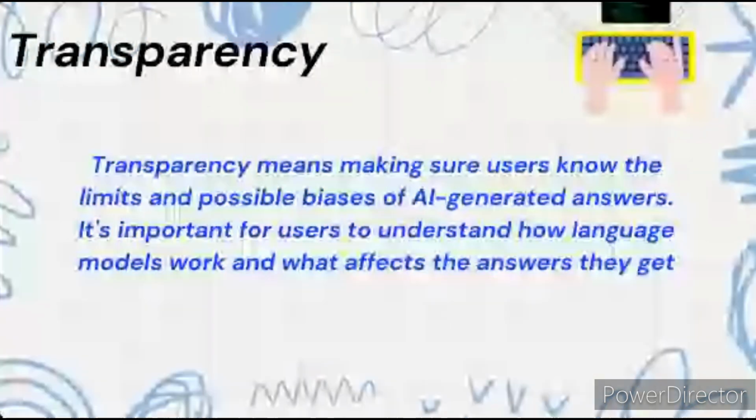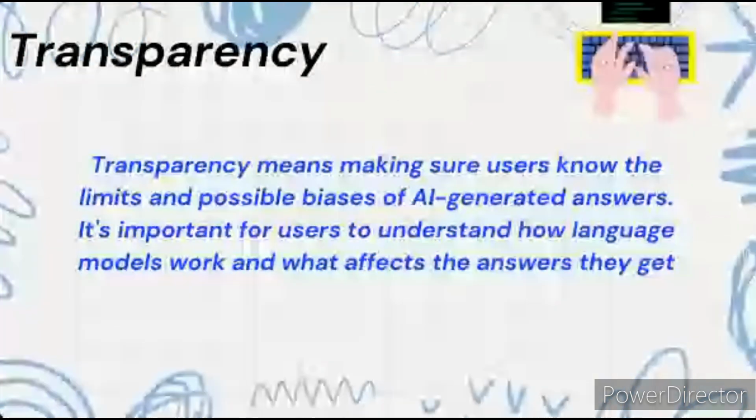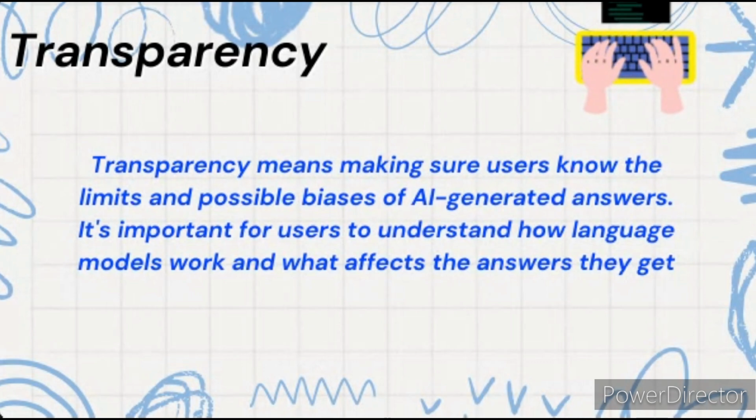It is important for users to understand how language models work and what affects the answers they get. Advocating for transparency means telling users about the data used to train the model, the algorithm it uses, and any biases it might have. This helps users understand and use the model's answers responsibly.